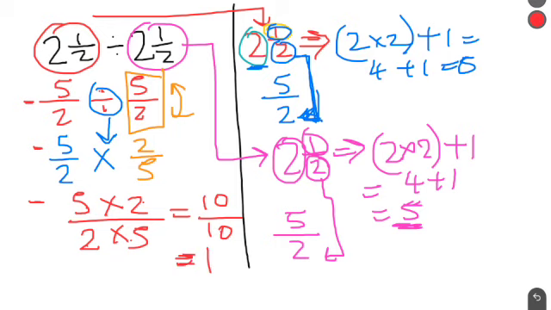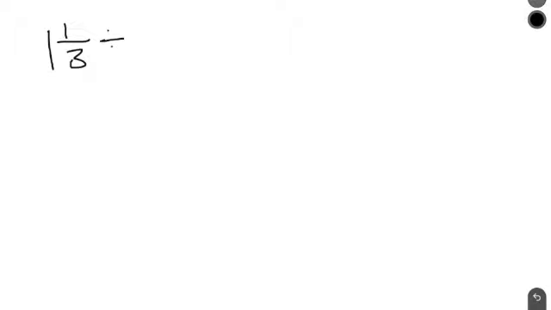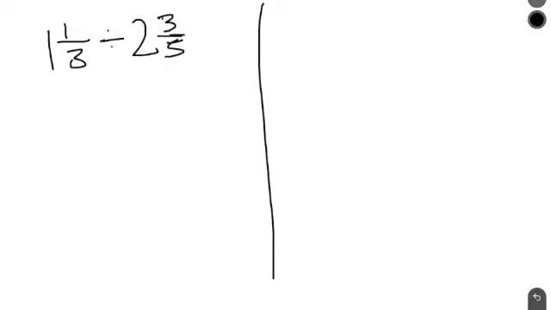Okay, let's do another problem. Let's say we have the problem 1 1/3 divided by 2 3/5. The first thing we do is convert each fraction to an improper fraction.